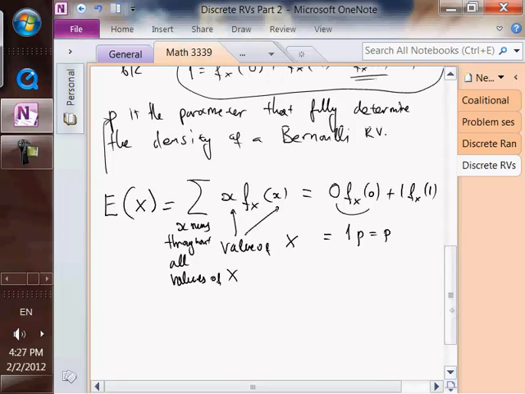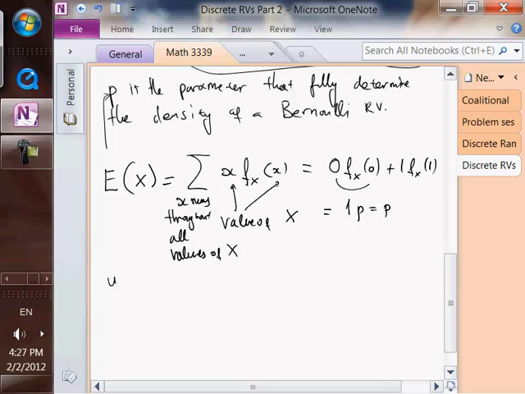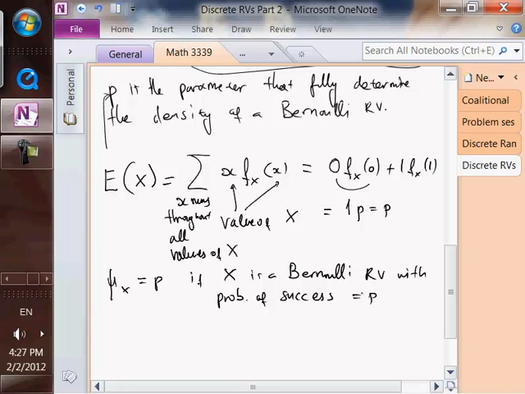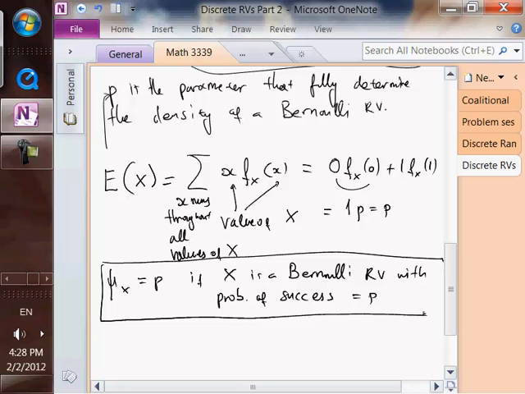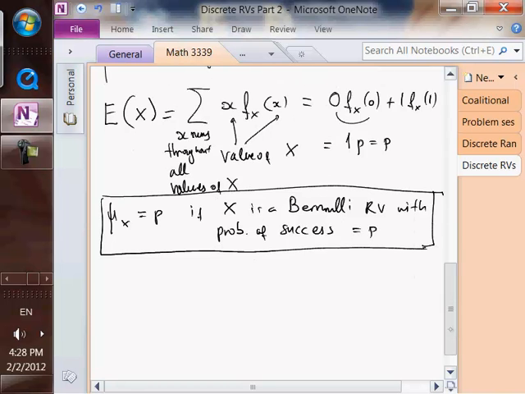Let's calculate something else. Since we have a very simple example, let's find the standard deviation of x. So I'm summarizing my result with rate of success, or probability of success, equal to p. Okay, let's find now the standard deviation of the Bernoulli random variable.